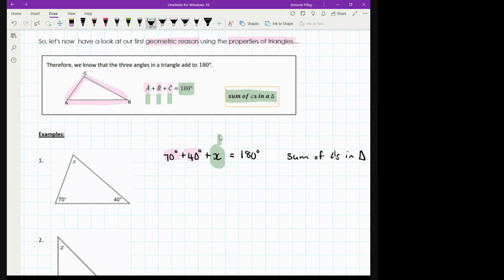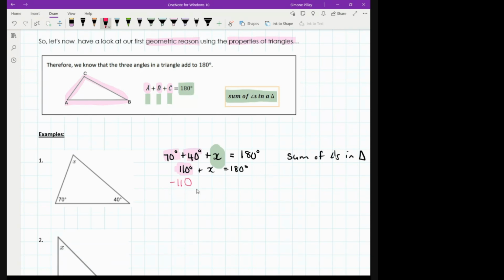So let's first add it. Let's say 70 plus 40 is going to be 110 degrees plus x, which is going to equal 180. And now I need to remove this 110 degrees. This is actually 110 being added to x. So in order to remove this addition of 110, I could go and minus 110.